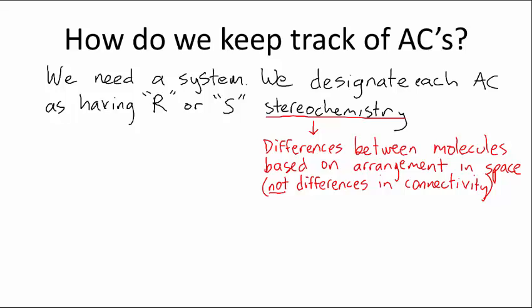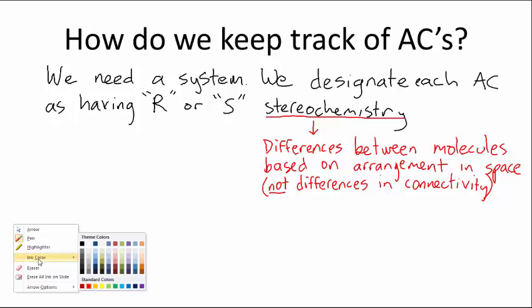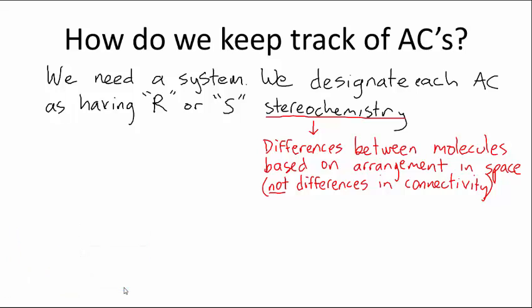If you're interested, this is where the language actually doesn't make sense because these refer to Latin terms, and S stands for sinister or left. R stands for rectus, which actually means right, but not the direction right. I think it comes from the root for the direction right, meaning like just. So I think they screwed up their derivation of the letters.